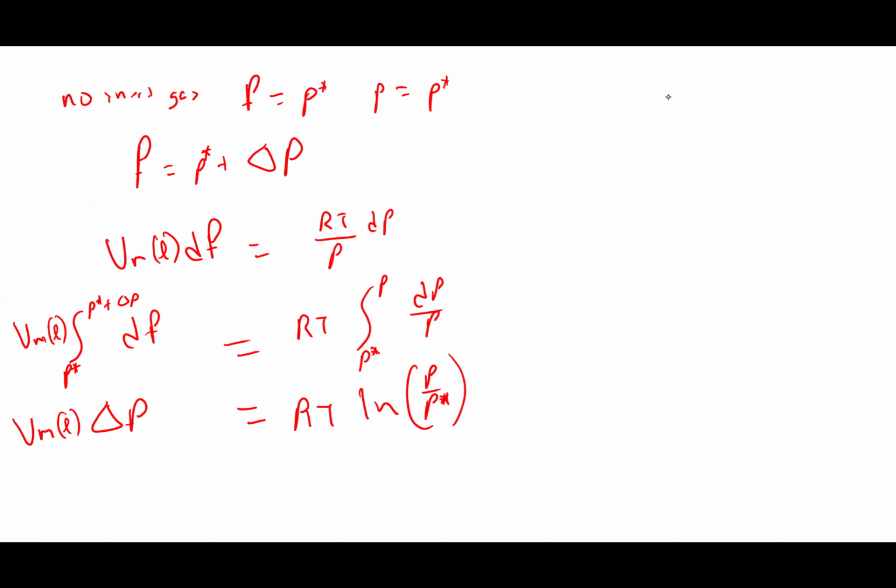If we plug this in, you would have P2 minus P1. Well, P2 would be P naught plus delta P, and P1 would be P naught.